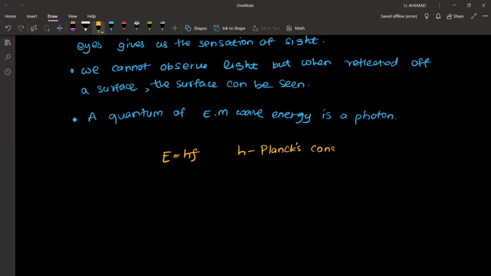The value of Planck's constant is 6.63 times 10 to the negative 34 joule second. Where E is the energy of a photon. That is very important. Of a single photon.